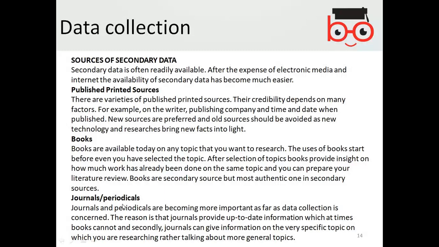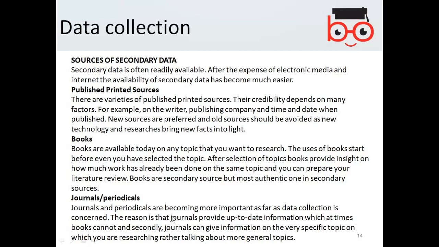Journals and periodicals are becoming more important as far as data collection is concerned. The reason is that journals provide up-to-date information which books at times cannot, and secondly, journals can give information on very specific topics being researched, rather than talking about more general ones.